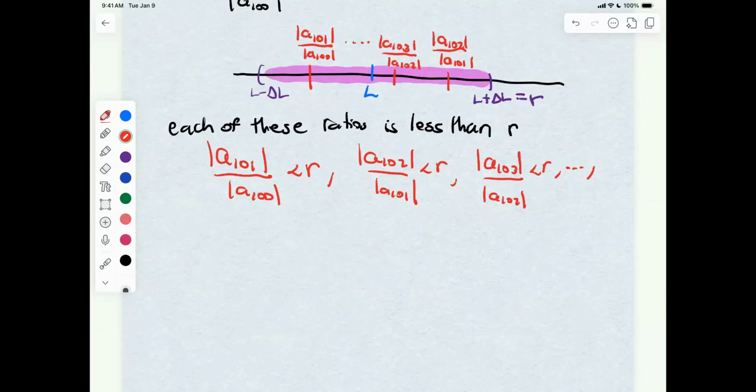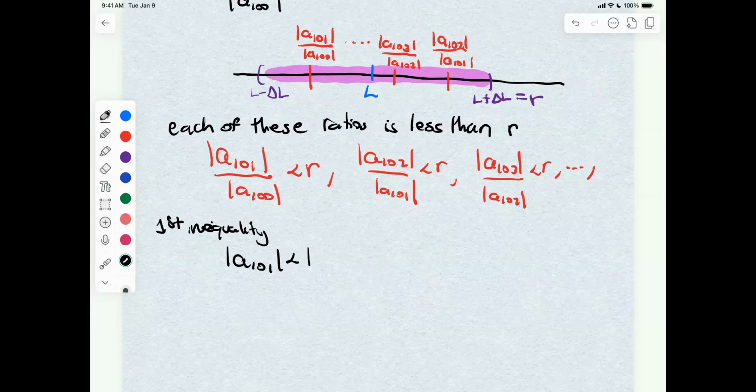For example, what does the first inequality say? It says that A of 101, if you multiply both sides by the denominator, is less than A of 100 times R, right?